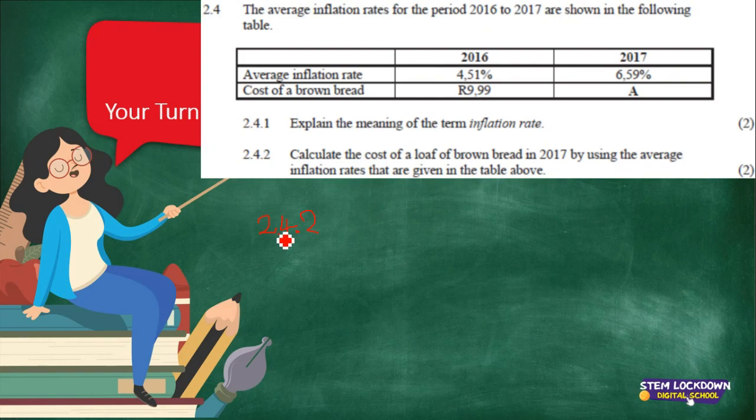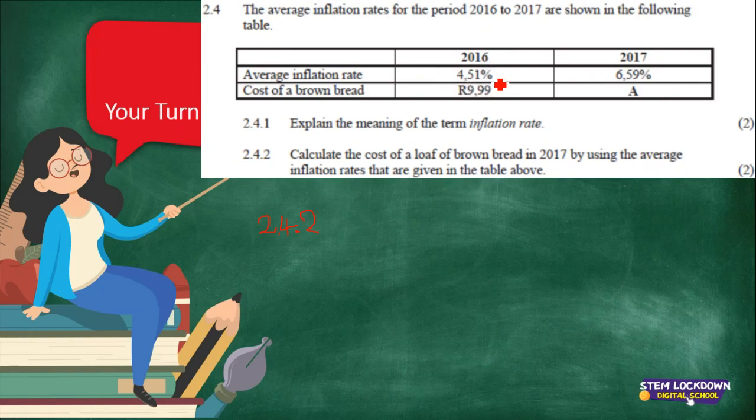Okay, let's look at your answers. What could be confusing for learners is which percentage they are using. Are they using 4.51 or 6.59? Remember, these are calculated for that particular year.